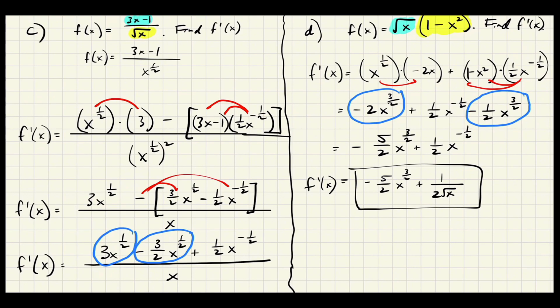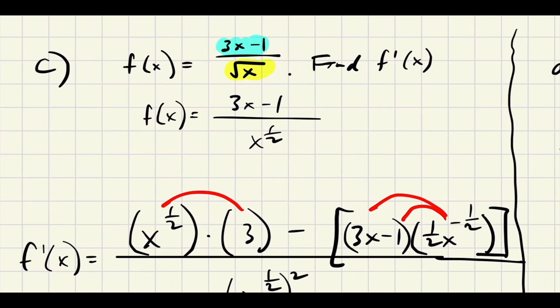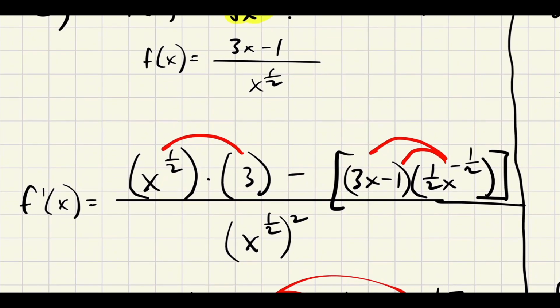Okay, so I'll go over the first one. Letter C. First thing I had to do was rewrite it. So the bottom is now x to the 1/2. Next step: low times the derivative of the high minus the high times the derivative of the low.